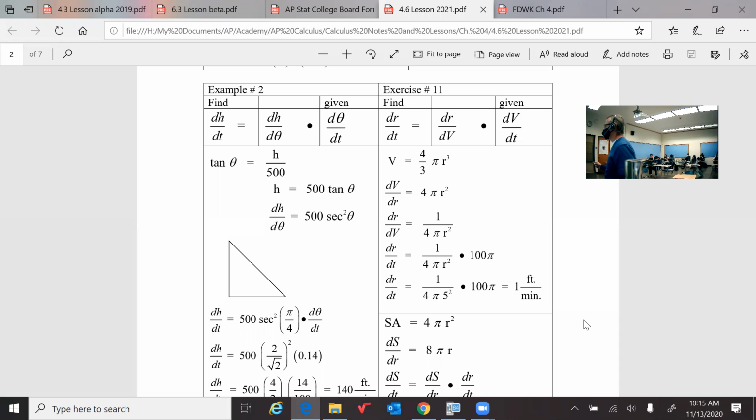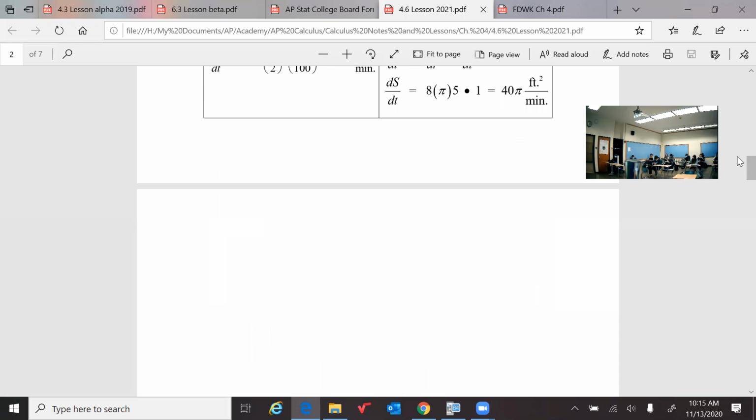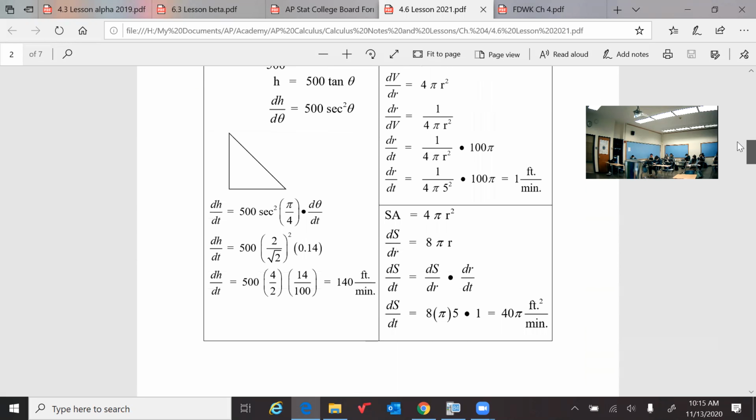For surface area, here's dS/dr, right? You want dS/dt. So I took my answer that I had up here, dr/dt. The dr's are reduced, and I would get dS/dt.